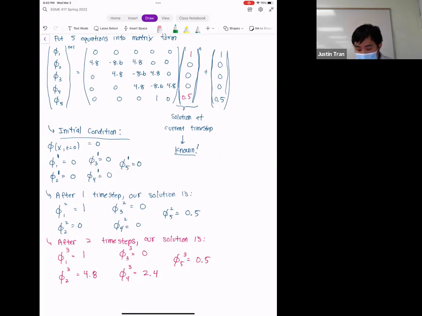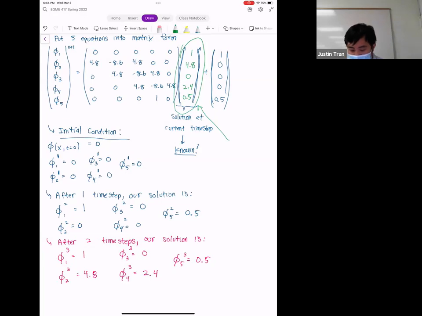For the 3rd time step, just like we did for the last one, we're going to replace this phi n here, this vector of solutions at the known time step, with the solution of the time step we just computed previously, which is 1, 4.8, 0, 2.4, and 0.5.